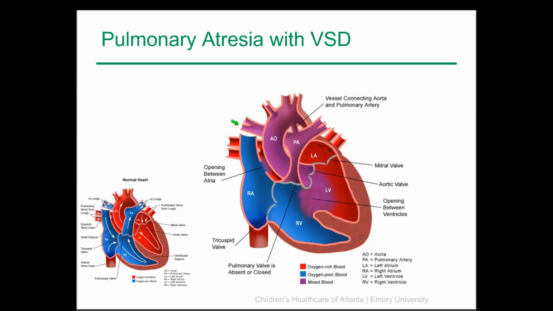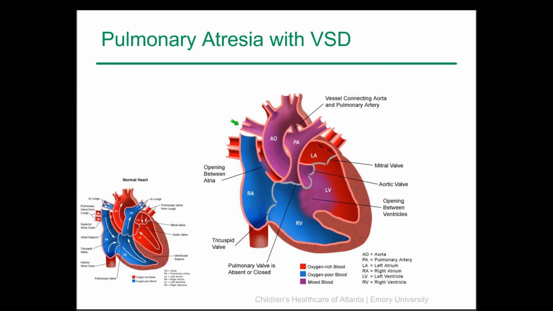Long term, what we would like to do, if we can, and not every child is a candidate for this though, is to bring all those collaterals in and what we call unifocalize them. So get them all to have kind of one focus to go from the heart to the pulmonary arteries.